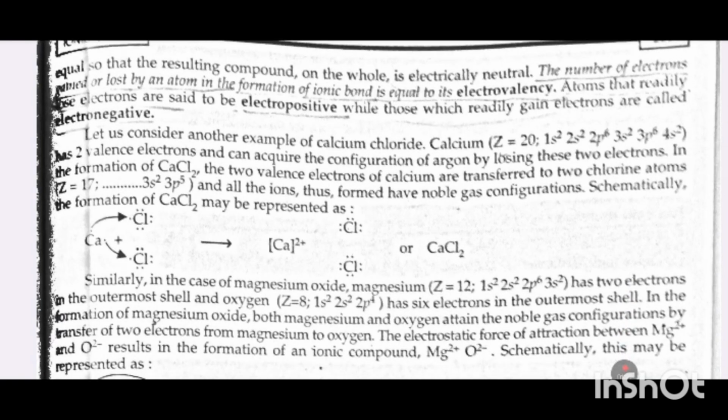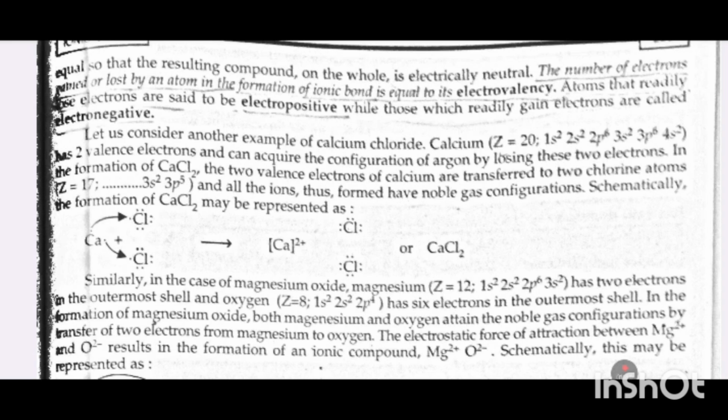The number of electrons gained or lost by an atom in the formation of an ionic bond is equal to its electrovalency. Atoms that readily lose electrons are said to be electropositive, while those which readily gain electrons are called electronegative.